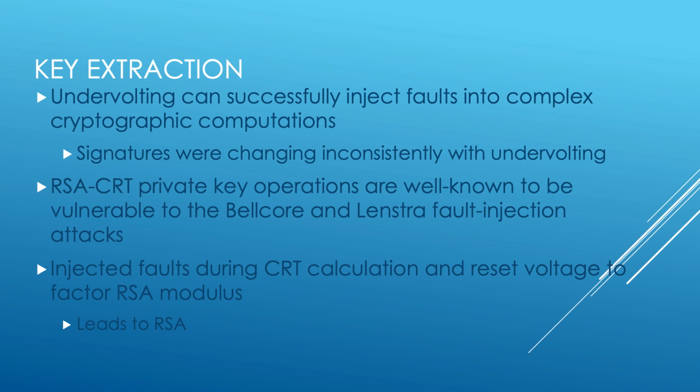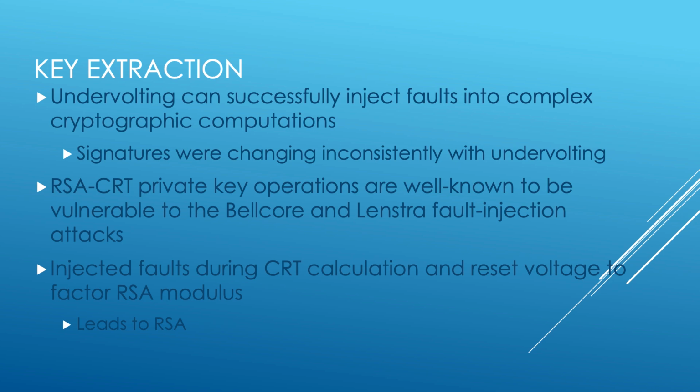So moving forward, they also worked on key extraction. They were successfully able to inject faults into complex cryptographic computations. This includes signatures and also RSA CRT key operations. Their research was based on research already done by Bellcore and Lenstra on fault injection attacks.